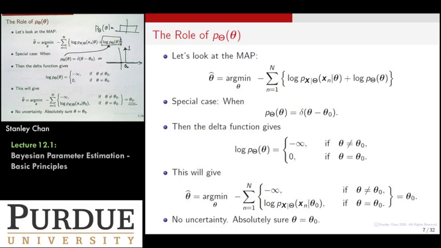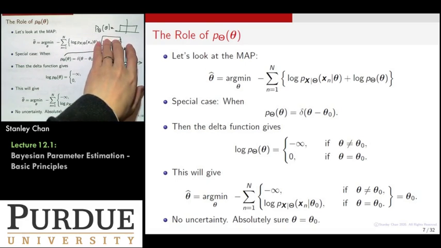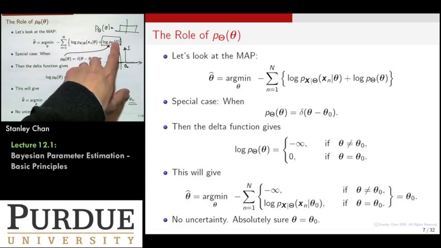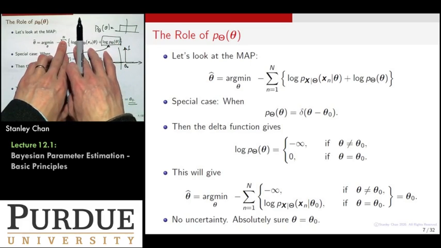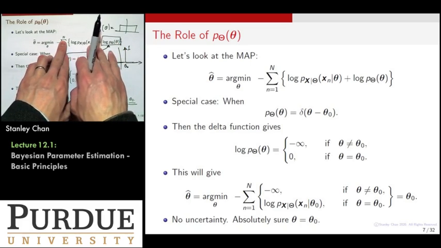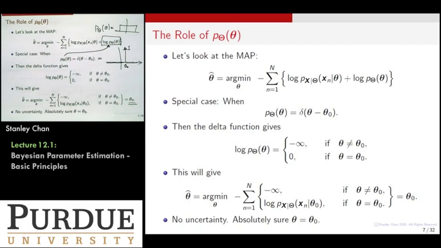It doesn't change with theta as long as your theta is within the support set that you are considering. So now it becomes a constant. Then this term doesn't really have an effect as long as your theta is inside the set. So the effect is gone. Then you will just have this minimization over the likelihood function that will go back to the maximum likelihood estimation.